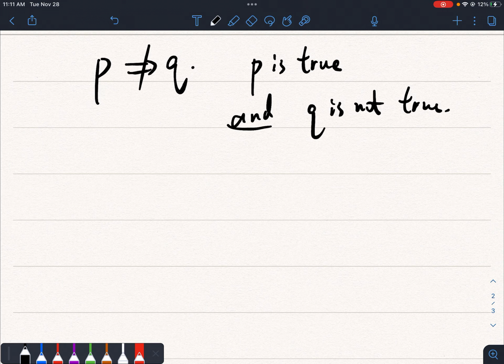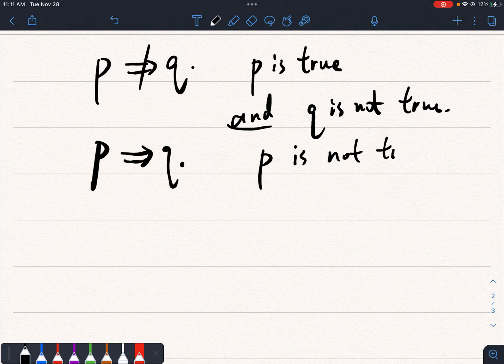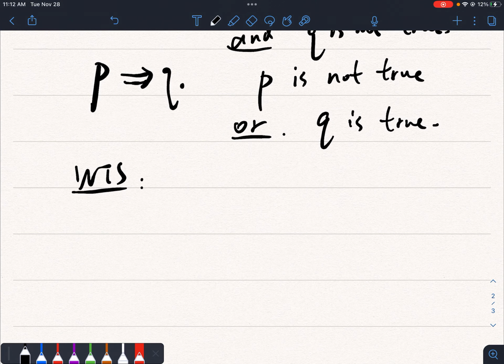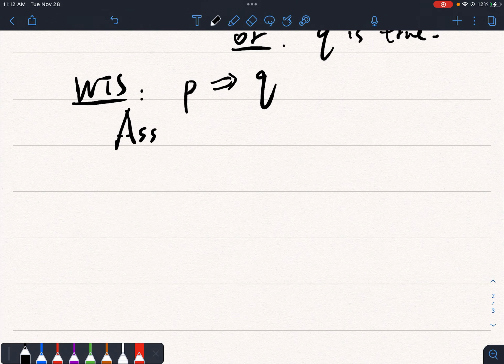So what does it mean for P implies Q? It means either P is not true or Q is true. Okay, and then in practice we don't care about this at all. In practice, if we want to show P implies Q, then all we need to show is that we assume P is true.